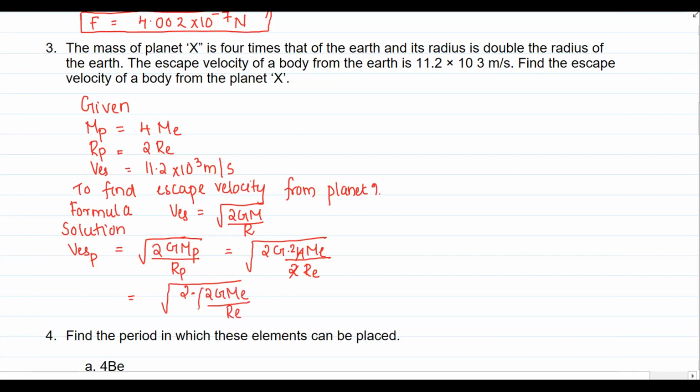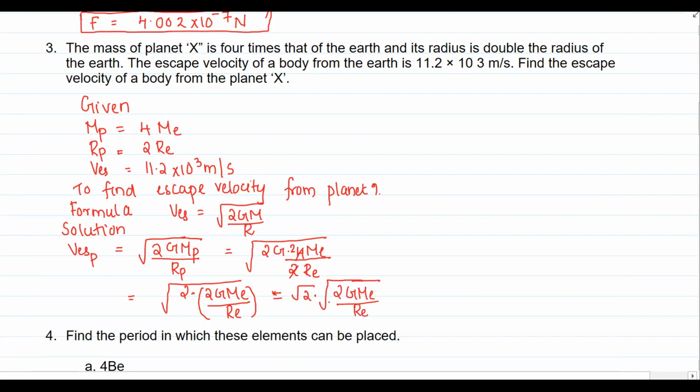So this quantity 2G into ME upon RE, this is the formula for escape velocity of Earth, under root 2GME upon RE. So I'll split and write this. That is equal to root 2 into root of 2GME upon RE will come.